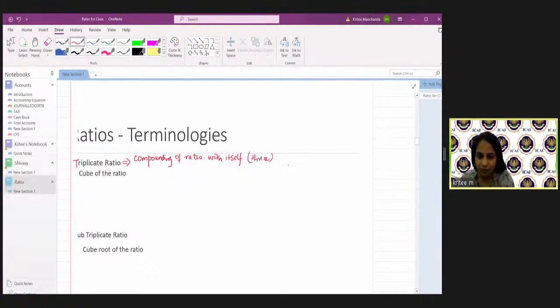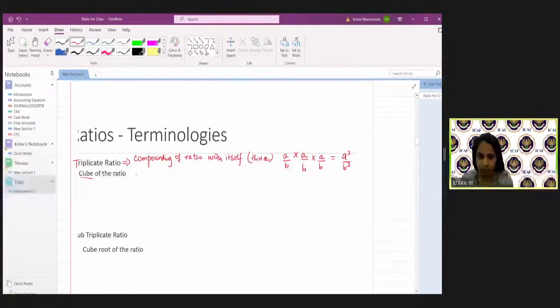Or A by B to be compounded with A by B again and with A by B again. In simple terms, it is cube of A and B. So that's a triplicate ratio. In simple terms, cube of the ratio.